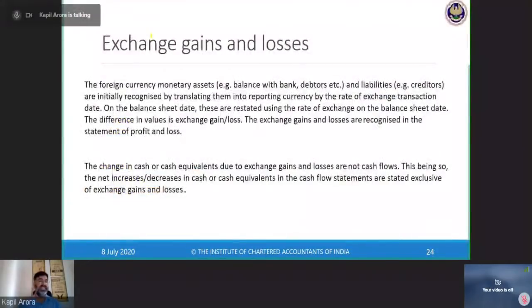So exchange gains and losses never add any cash inflows or outflows. Exchange gains and losses are generally treated as non-cash items recognized in the profit and loss account. We have to reverse the balances of exchange gains and losses.